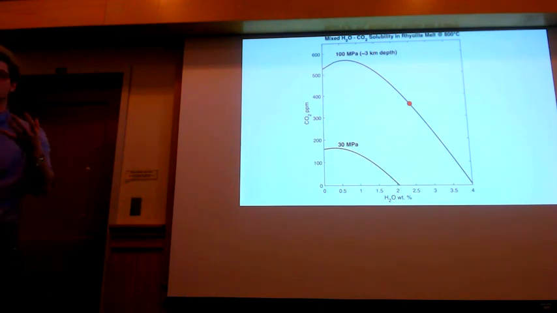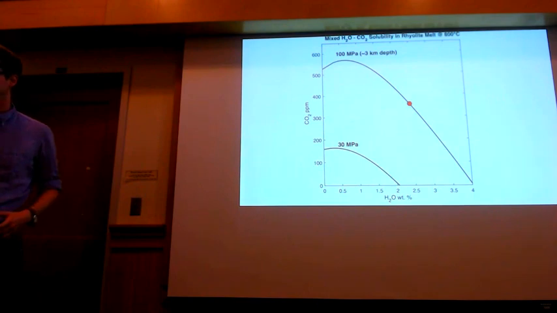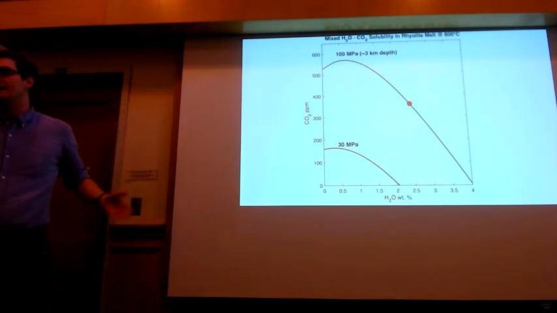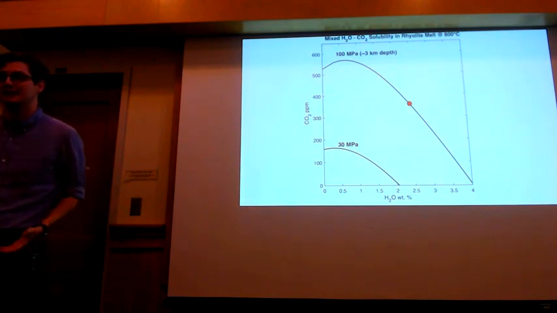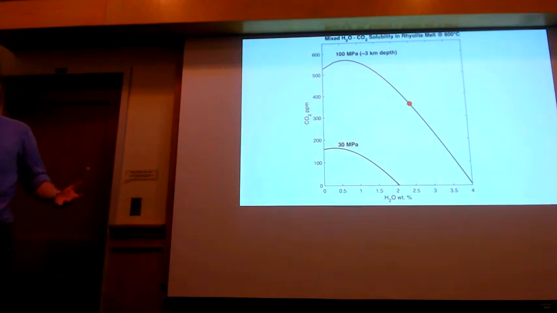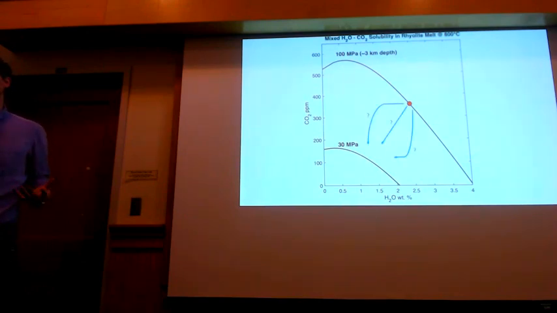So if we start deep in the earth, about 3 kilometers depth, with a magma, well, deep relative, depending on who you are. So we start at a point here, let's say, and we ascend our magma and we raise it up until it is under 30 megapascals of pressure and is much shallower in the earth. Now, if we want to find out how that's going to degas, it can go many different ways.